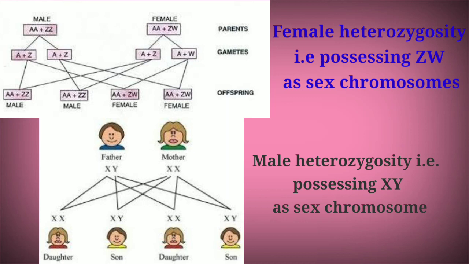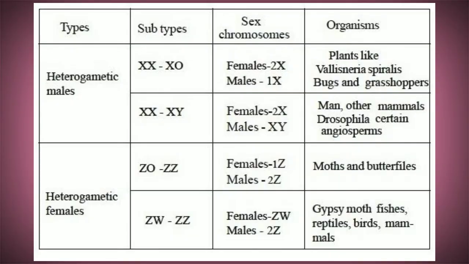So in this way we can determine the sexes of different organisms because of the presence and absence or nature of the sex chromosome. Therefore, after discussing these three types of chromosomal determination of sex, we can conclude that there can be two types of individuals.